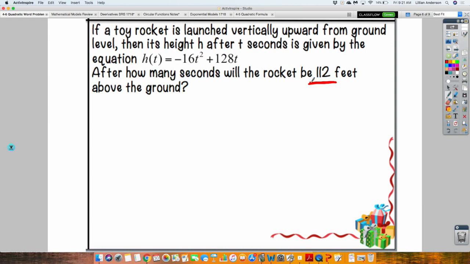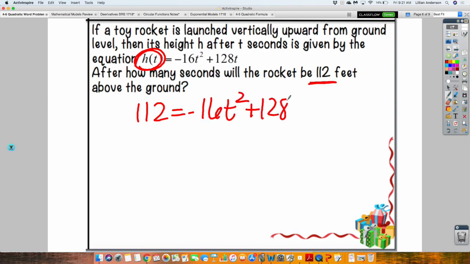It says after how many seconds will the rocket be at 112 feet? 112 feet, does that represent a time or a height? It represents a height. So that means since h of t represents the height of the rocket, I can plug 112 in for h of t.